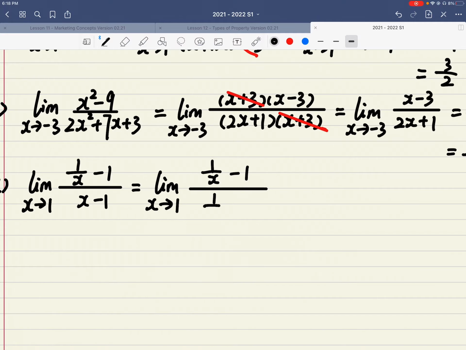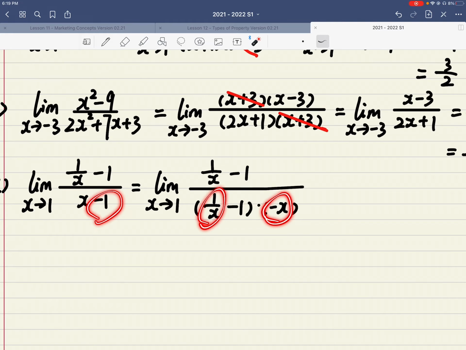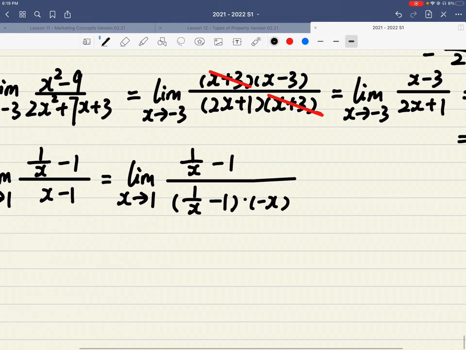Okay, the bottom, you can write it as 1 over x minus 1 times negative x. Okay, because negative x times negative 1 is x, and negative x times 1 over x is negative 1.